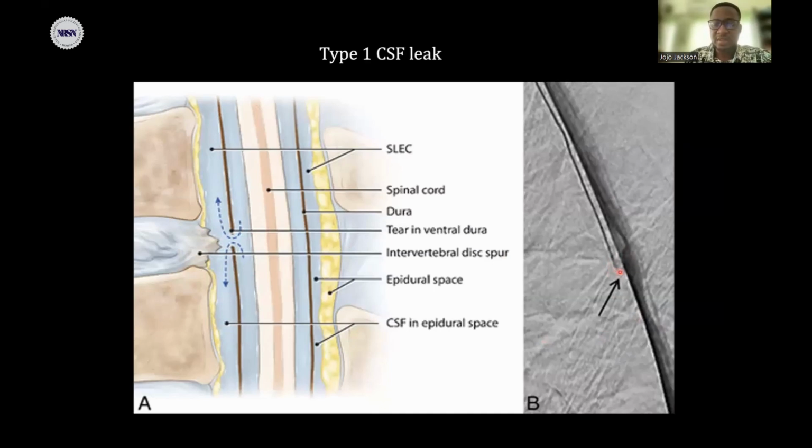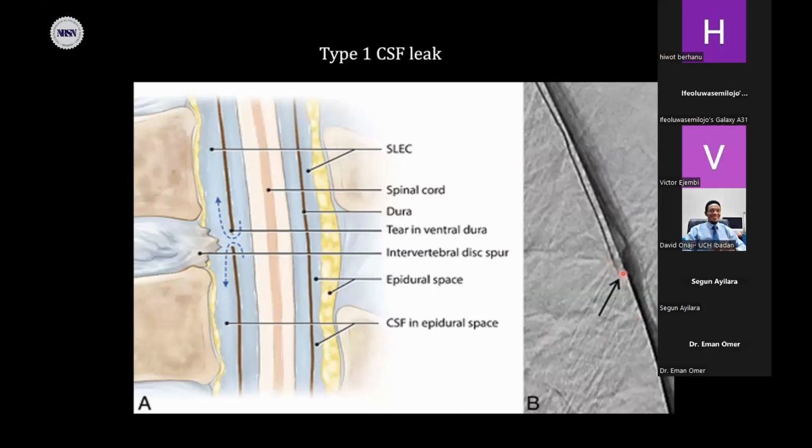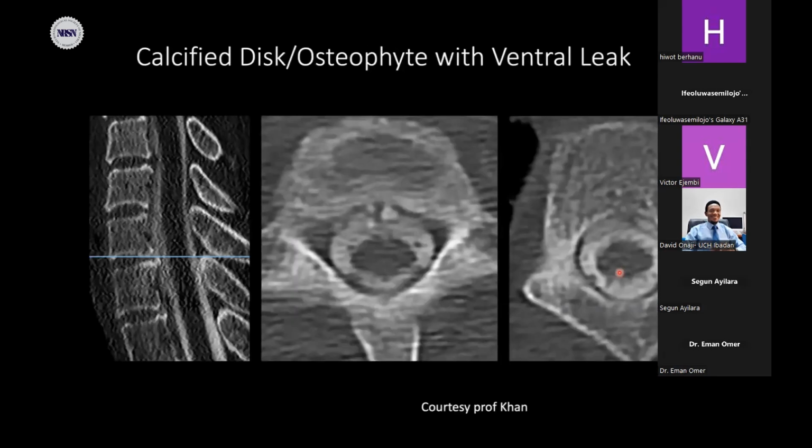This is evident on this digital subtraction myelogram, where we see the leakage of contrast at this level. So this is the CT myelogram, and at this level, depicted by the blue line, you have a disc osteophyte complex with spurs of the posterior osteophytes. At this level, we can see the osteophytes here on this axial CT image.